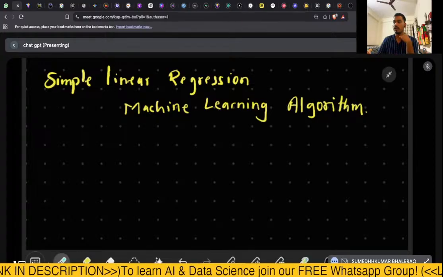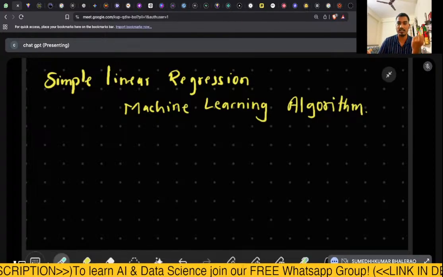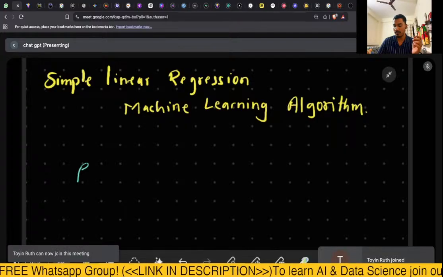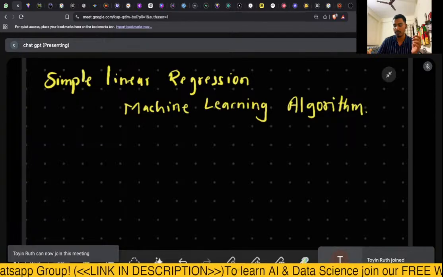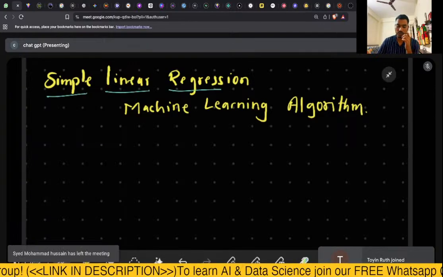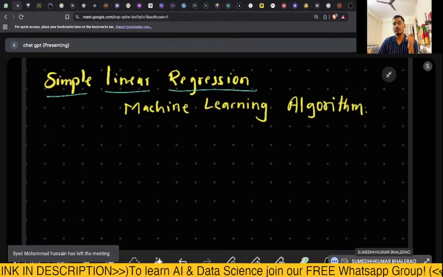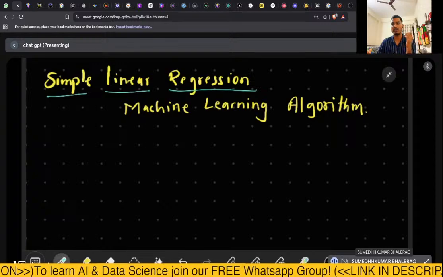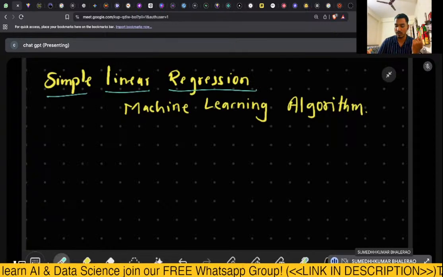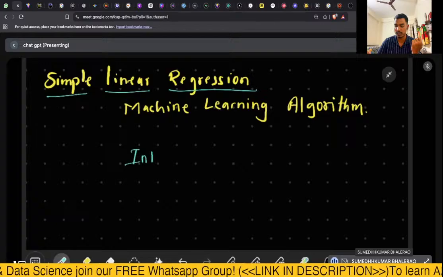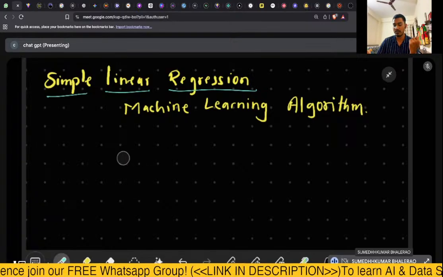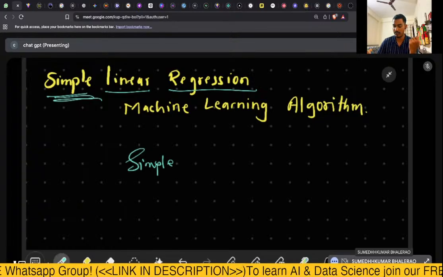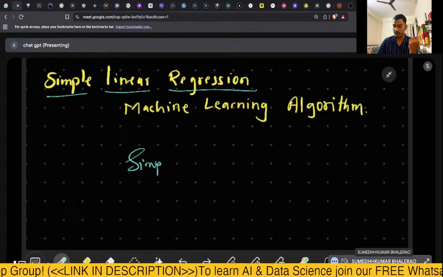Although you will not implement this algorithm in the industry, because the problems it can solve are simple, this is more of a learning thing, and it will give you the right intro of what machine learning is. And this is very simple also. That's the name, right? Simple linear regression. Okay, let's quickly dive into it.